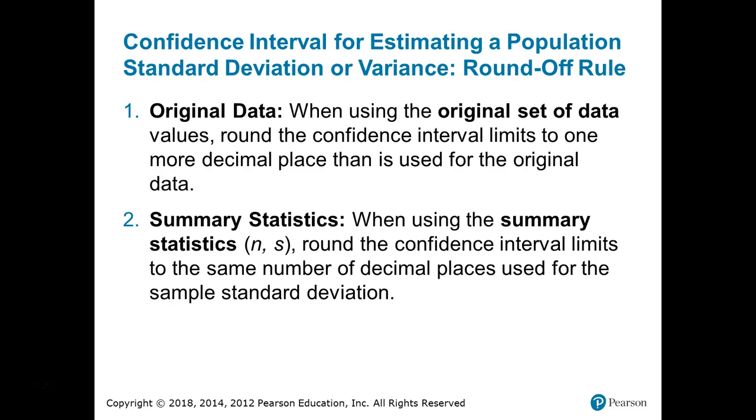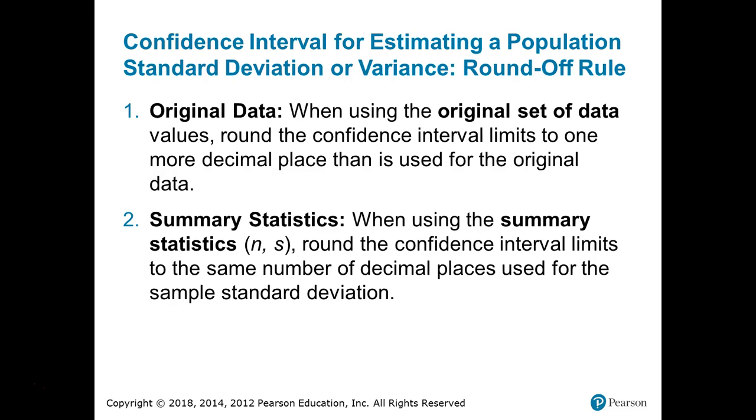Just a round-off rule: when using the original set of data values, round the confidence interval to 1 more decimal place than is used for the data. So if you have the standard deviation of a random set of data, say weights of elephants, and you measure it to the nearest whole pound, we want the standard deviation and variance to be rounded off to the tenths place.